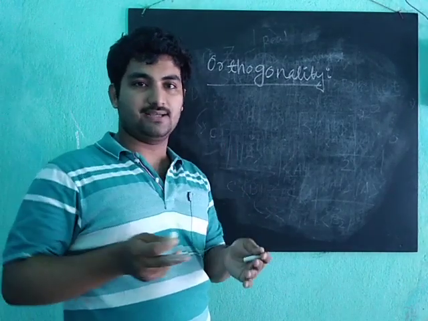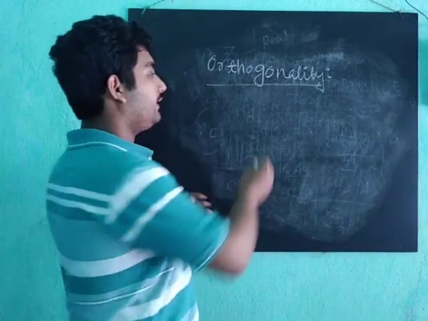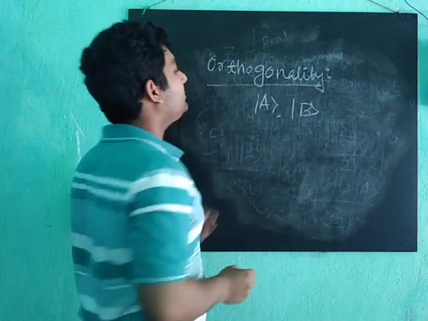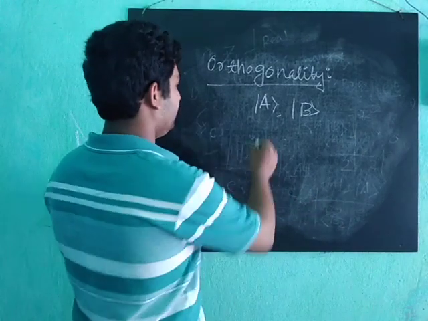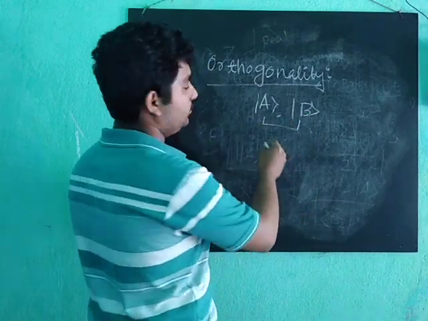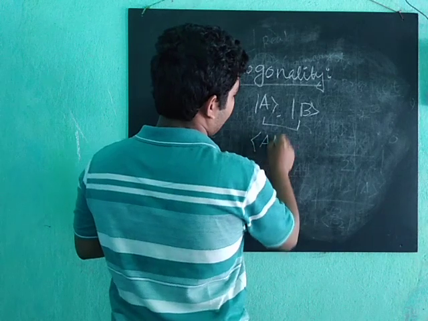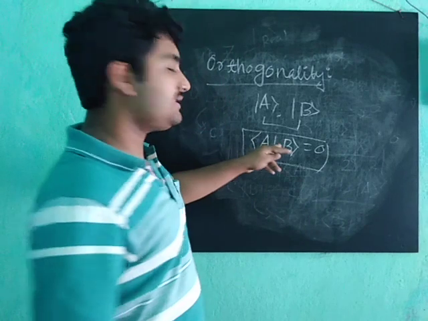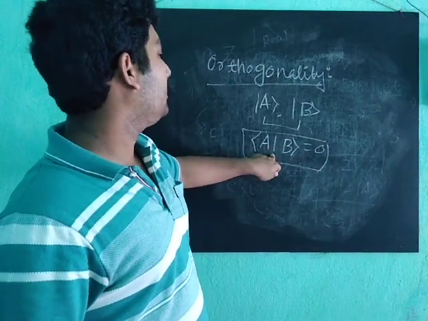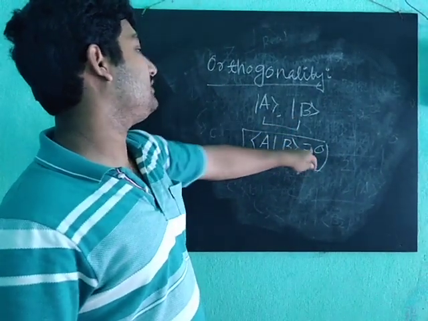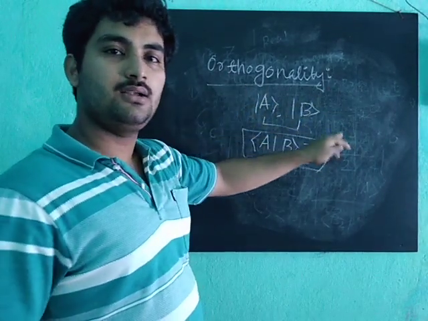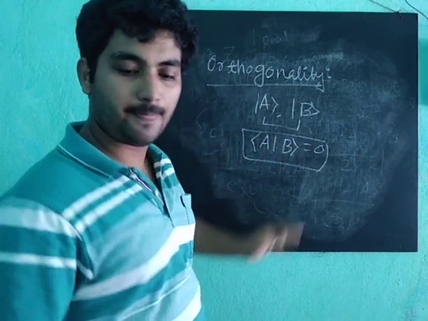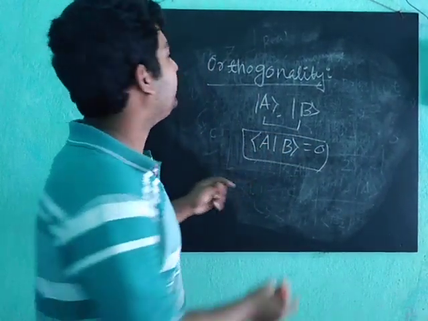Suppose I have two vectors, A and B, a ket vector A and a ket vector B. These two will be orthogonal to each other when the scalar product between them is 0. When the scalar product between two vectors is 0, then the two vectors are orthogonal to each other. This is the definition of orthogonality.